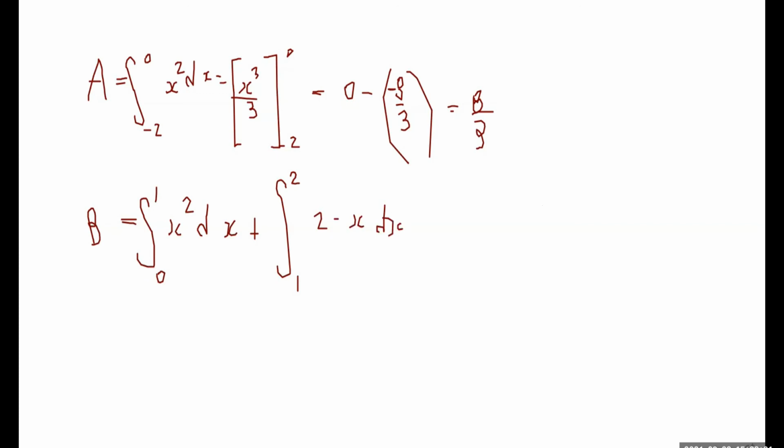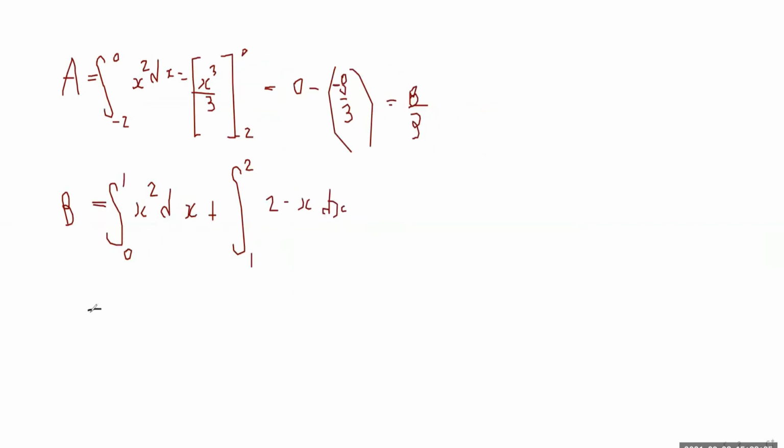Without further ado, let us go ahead and work this out. We get x cubed over 3, with the limits from 0 to 1, plus, integrating the line, 2x minus x squared over 2, with the limits from 1 to 2.